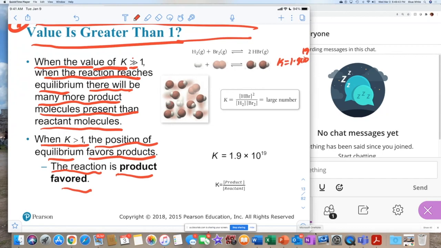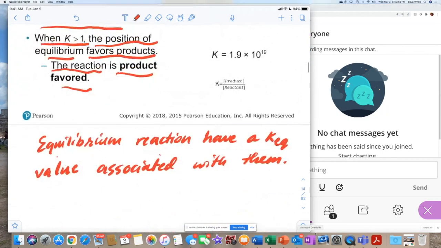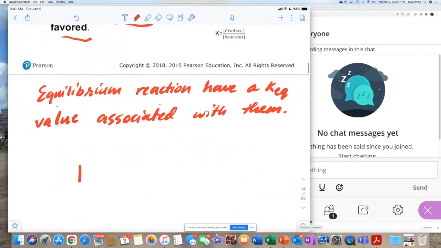What does this mean? Let's go back and look at the fundamentals. We said K equilibrium is essentially equal to the product of the product concentrations over the reactants, right? The bottom line is the product portion of the concentration is the numerator part, the top part.